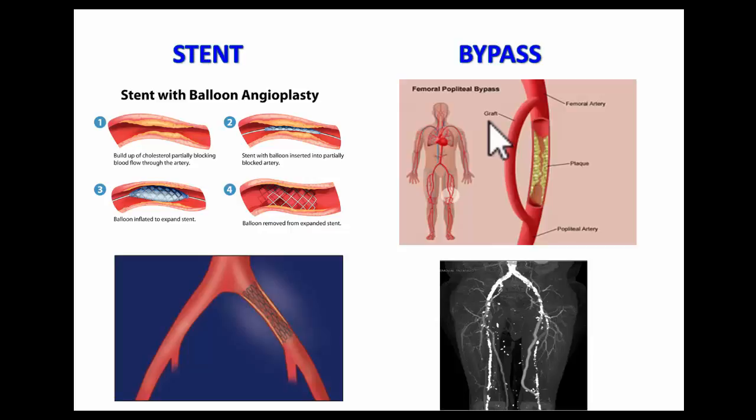One of the things I would like to caution you about is that the success rate of any one of these procedures is not as good as we would see in a coronary artery bypass surgery or carotid endarterectomy. And that's one of the reasons we need to be very, very aggressive in trying to minimize the risk factors for peripheral arterial disease.